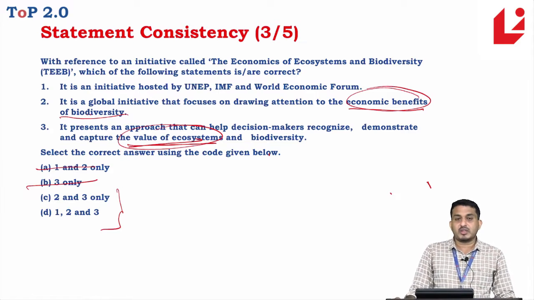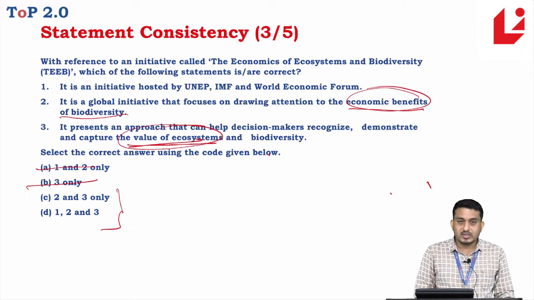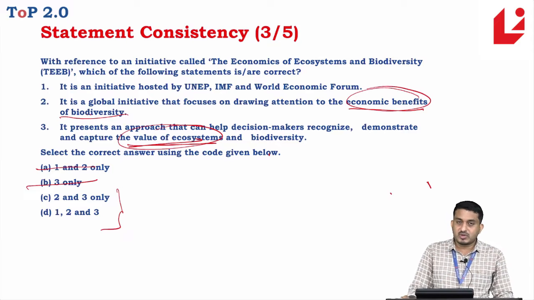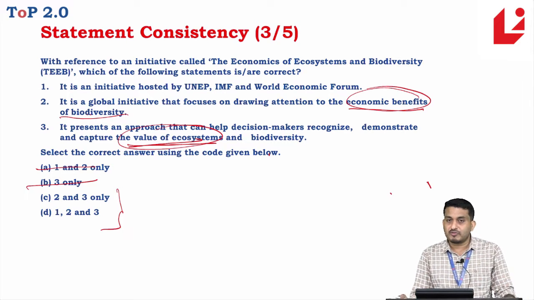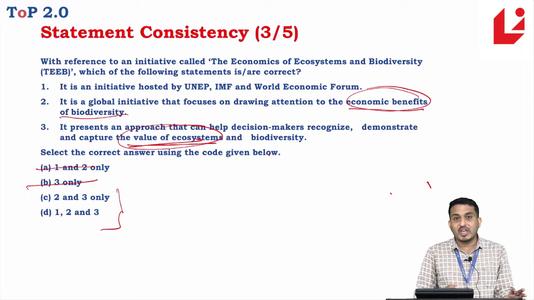That requires knowledge. So what I am trying to say is, using the statement consistency technique, at least you can eliminate some options. Getting it? I already told you there is no single method or single strategy towards success. It's an intermix of everything. You should have a threshold level of knowledge, plus you can use various techniques.